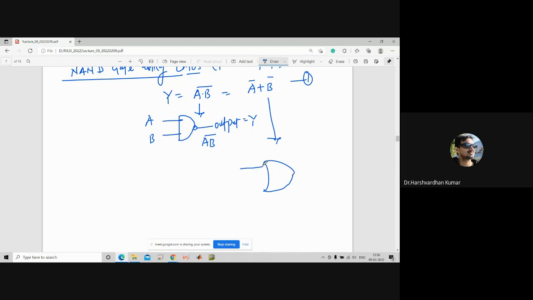So here we will have to use the bubbled input. This is known as the bubbled input. A, B, and this is Y. So in the output you will get A bar plus B bar.